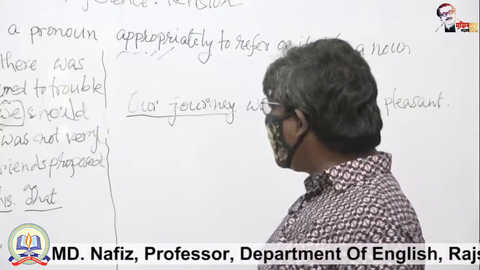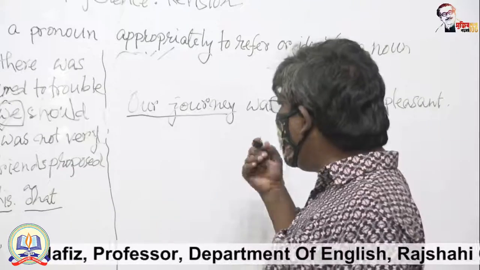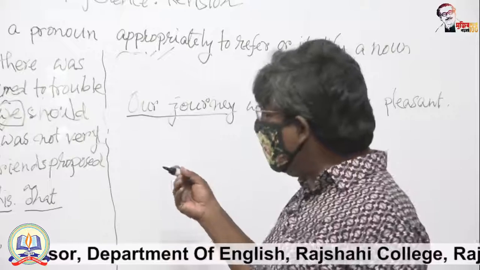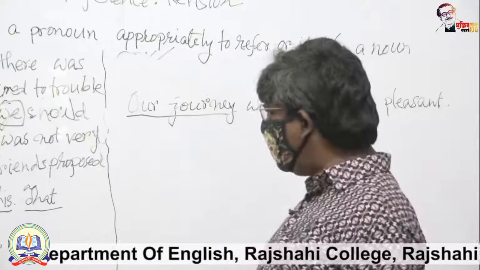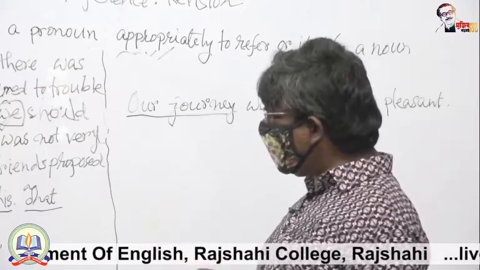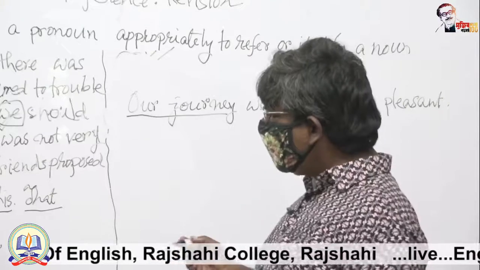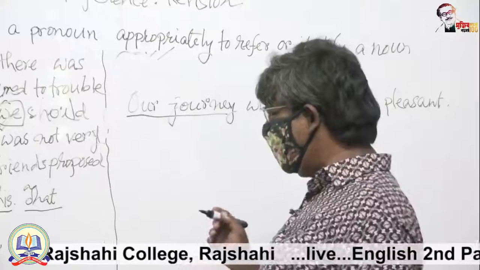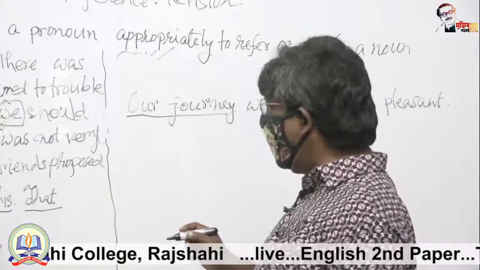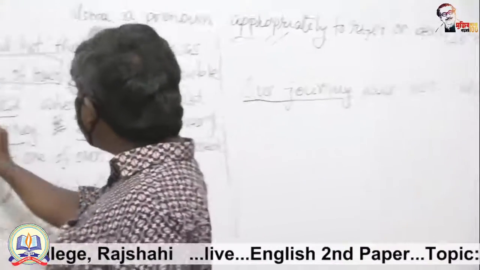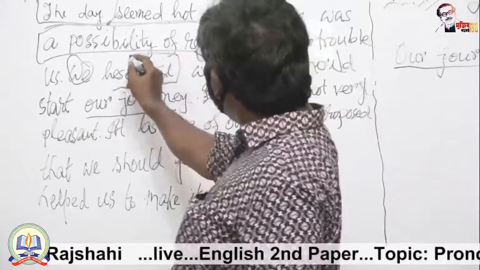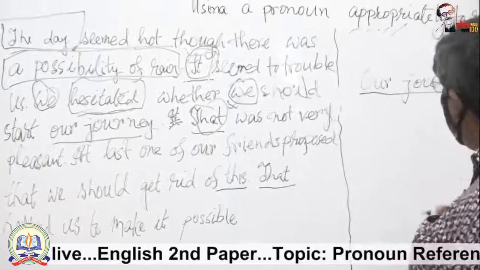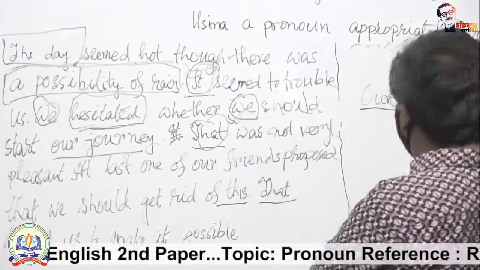And why did the journey not start? Because there was a possibility of rain. So what did they do? They hesitated. The speaker and his companions hesitated. This hesitated functions as the reference of this that.